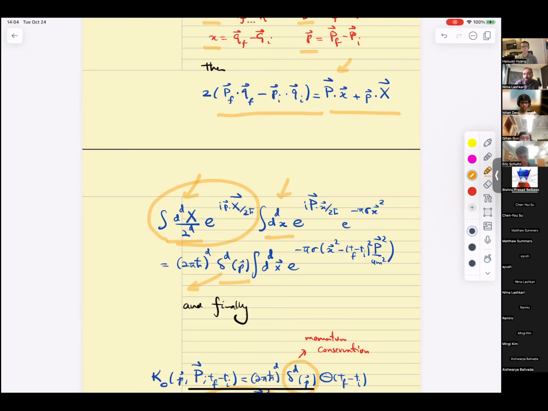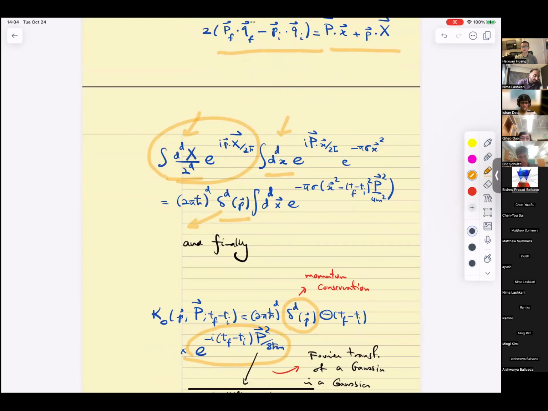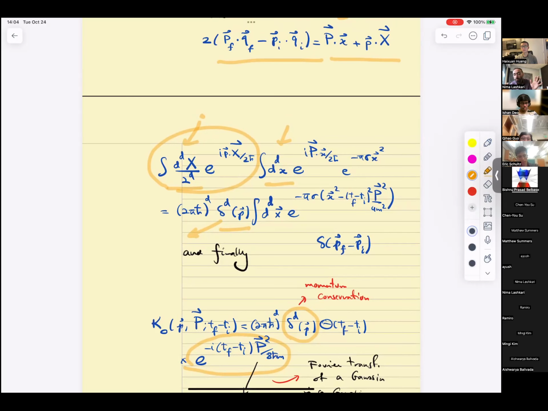A delta of P of F minus P of I appearing in any calculation, quantum mechanics or physics, means conservation of momentum. Initial momenta have to be equal to final momenta. That just comes from the fact that after you introduce these average and subtractive variables, the integral over the added variable is just a simple phase, and the Fourier transform of a simple phase is a Dirac delta function. That's your momentum conservation, right?